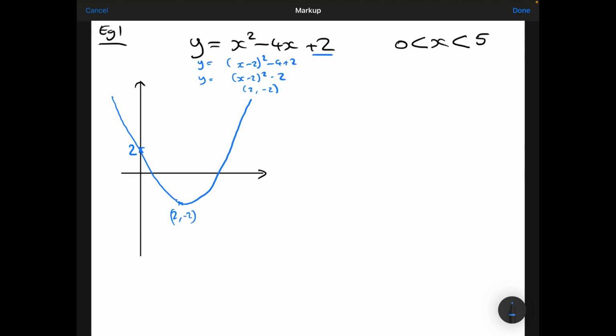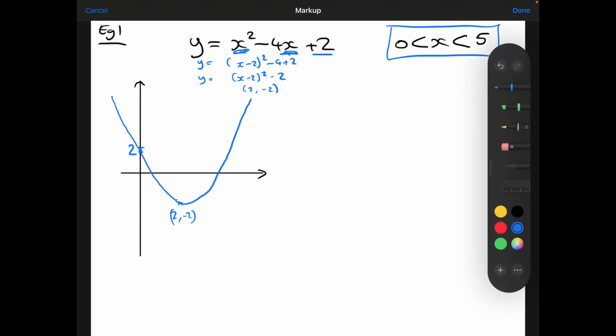So I've sketched it. I'm now going to consider the domain. Now, this is an artificial domain restriction. It's not strictly necessary for the purpose of this function. I can substitute any x value into here, so this domain restriction is not strictly necessary, but it is here for this question anyway. And I only want to look between x being 0 and x being 5.